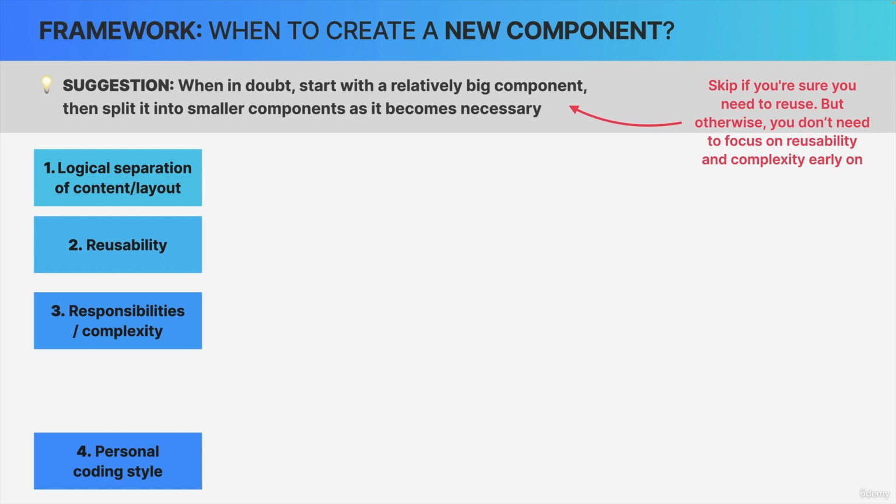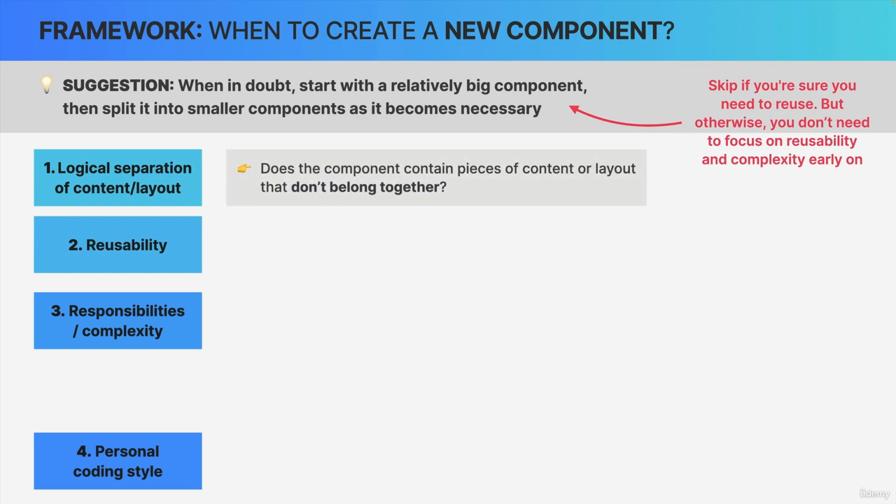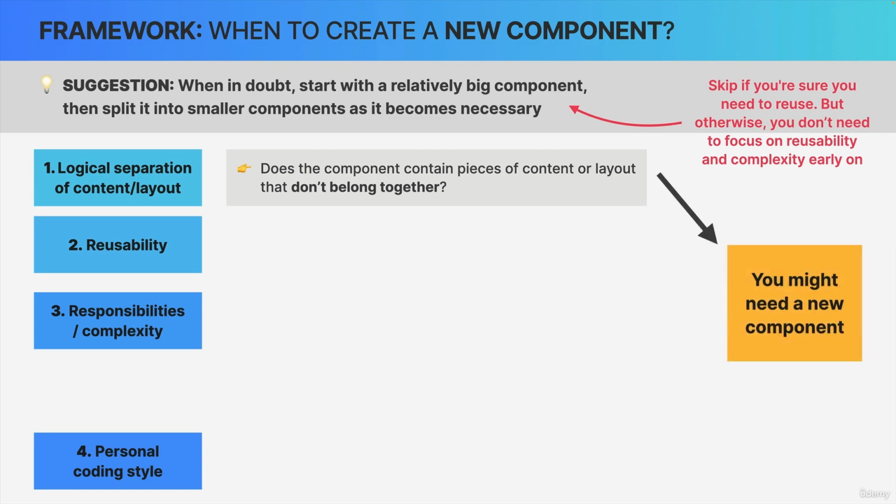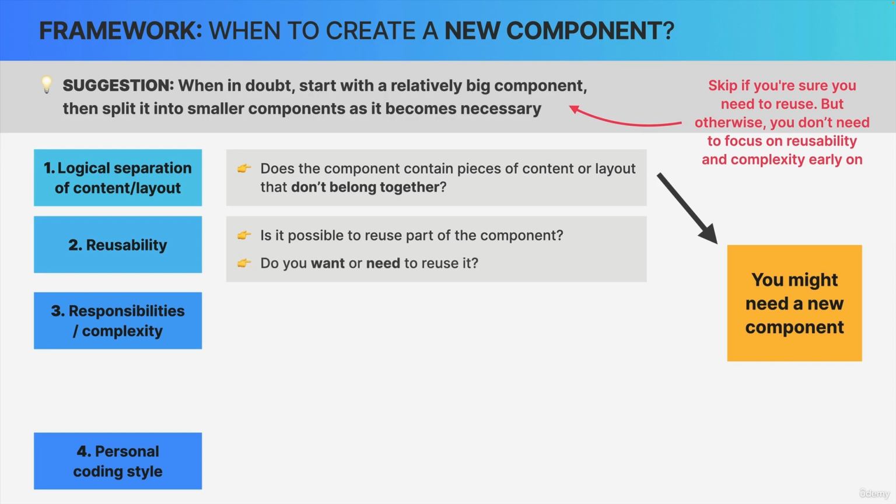So if after writing your big component, you feel like the component contains some piece of code or of the layout that don't really belong together, then that means that it's probably a good idea to create a new component. Now about reusability, if it's possible to reuse a part of your big component, and if you actually want or need to reuse that part, then you should take that code and extract it into a new component.